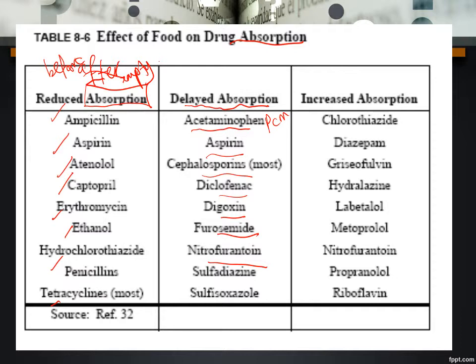And here are examples of drugs that show increased absorption after being given with food. These include chlorothiazide, diazepam, riboflavin, hydralazine, metoprolol, and usually these compounds are very lipophilic, fat soluble.